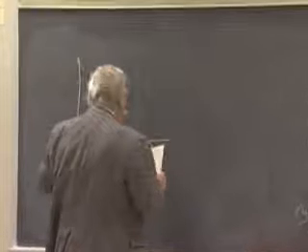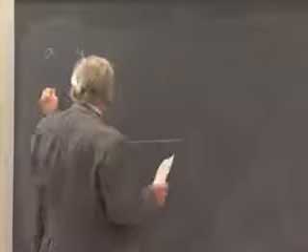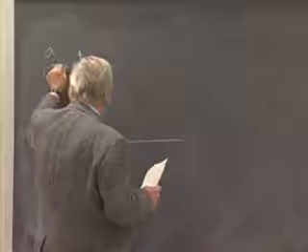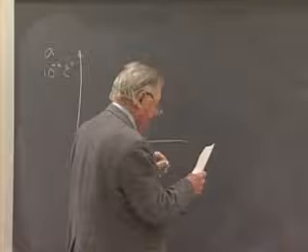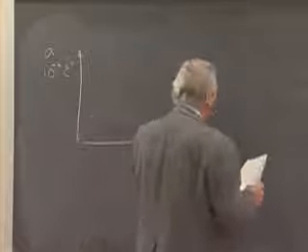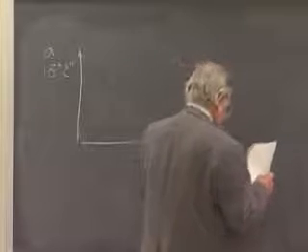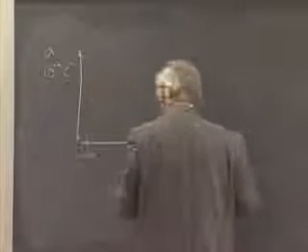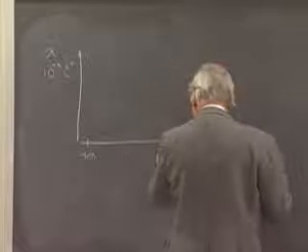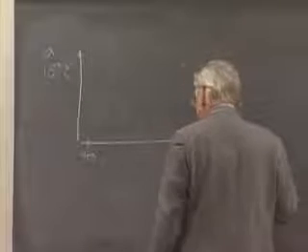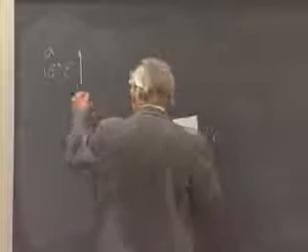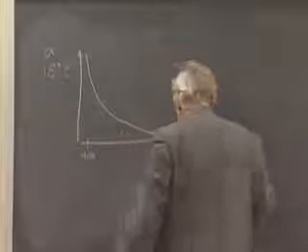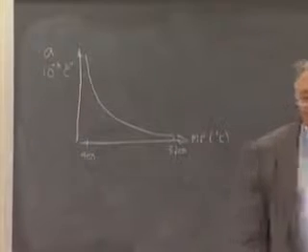And if you plot the value of the linear thermal expansion coefficient in units of 10 to the minus 6 per degree C as a function of the melting point in degrees Kelvin, the numbers range from about 400 K for materials like sulfur up to about 3,700 for tungsten. And the variation is so beautiful it could make you cry. It goes as the inverse of the melting point.